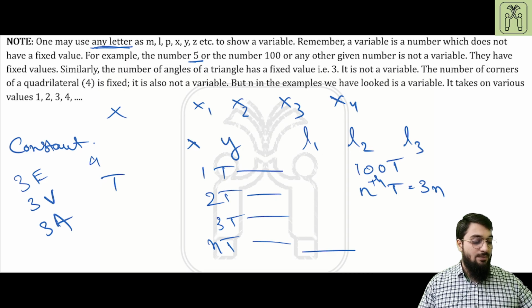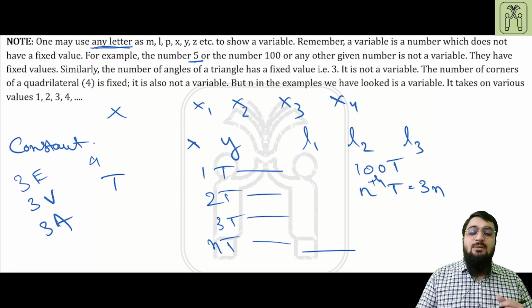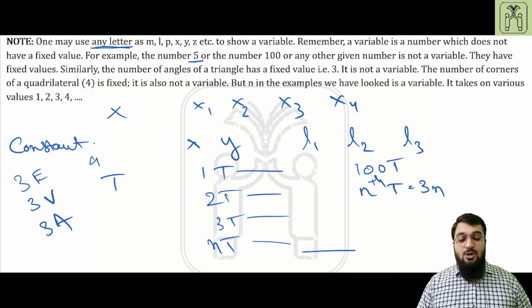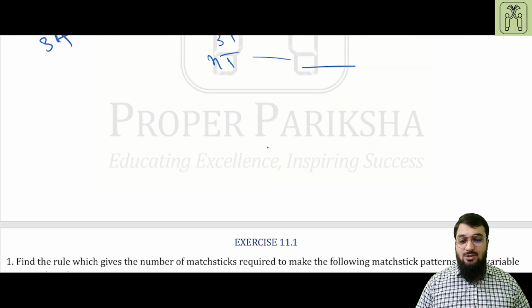So that will be all. n in the examples is the variable. It takes on various values such as 1, 2, 3, 4, 20 and so on. So I hope you understand that.